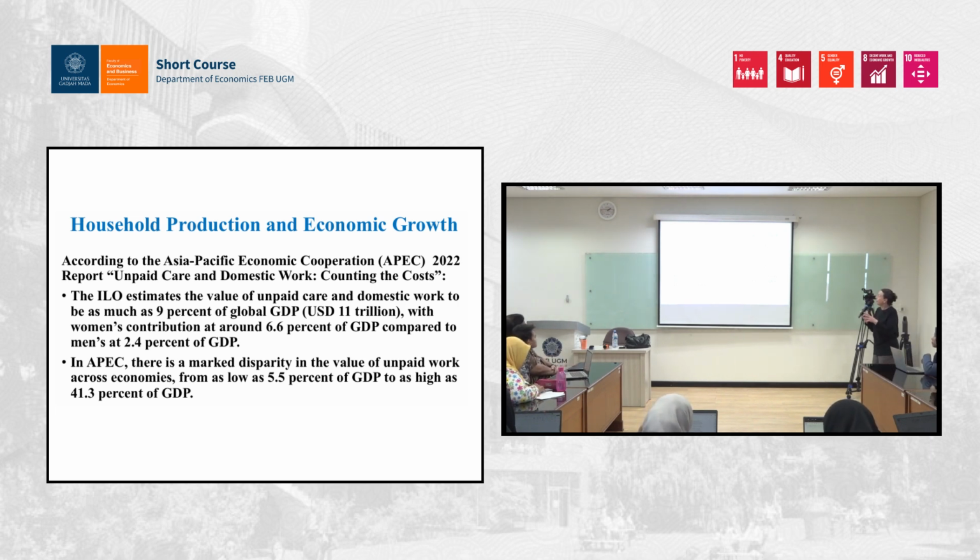There you find that in the APEC countries, the value of unpaid household work is equivalent to 5.5% of the GDP of the country at the lowest estimate, up to 41% of the GDP of the country.